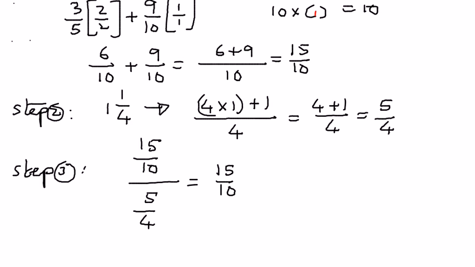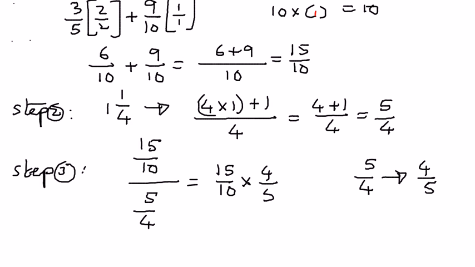We convert the division into multiplication, and then we write the reciprocal of the denominator. We have 5 over 4 in the denominator. The reciprocal of that is 4 over 5. We flip it over and write it out as 4 over 5.